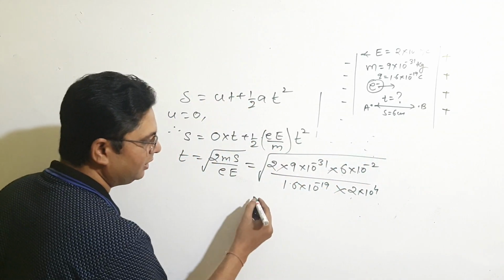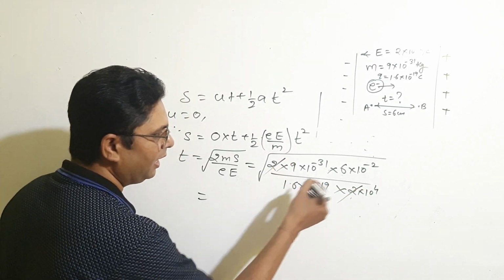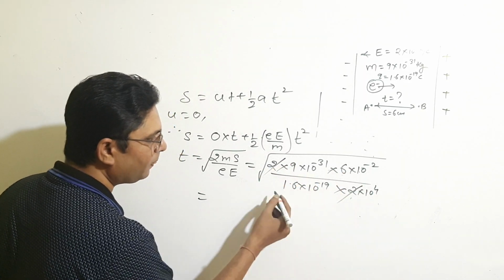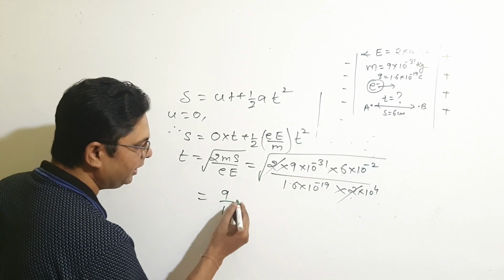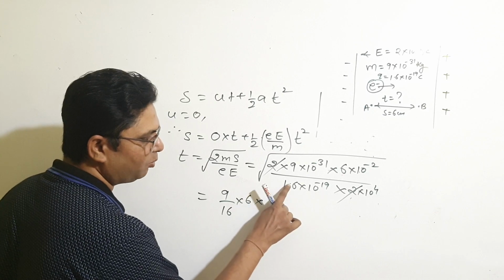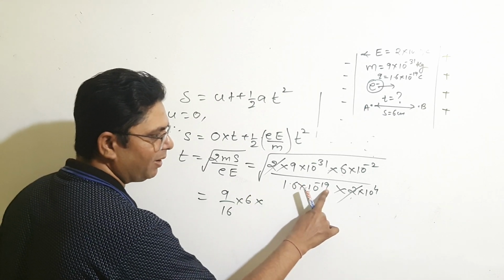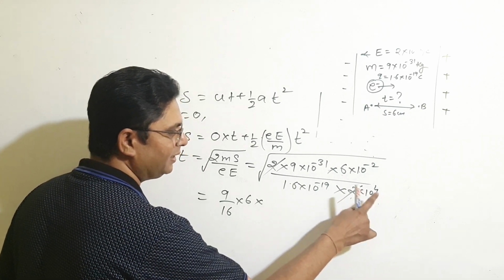So arrange this first. When you arrange it, you cancel this 2, and you have 9 upon 16 into 6 into, here when you eliminate this point, 10^-20 plus 4 is 10^-16.